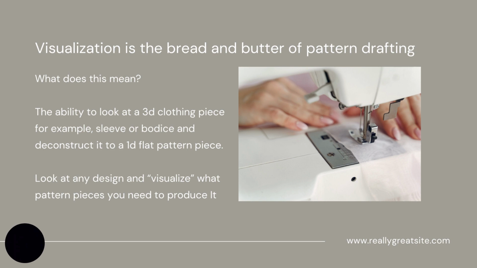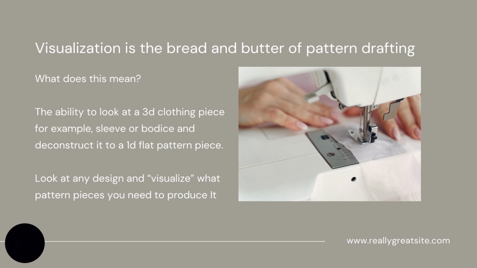So visualization is the ability to look at a three-dimensional clothing piece, whether that is a sleeve, a shirt front, a shirt back, a skirt front, skirt back, pants, whatever the case may be. It's one piece of clothing. For example, a sleeve or a bodice, and deconstruct that three-dimensional clothing piece into a flat pattern piece.